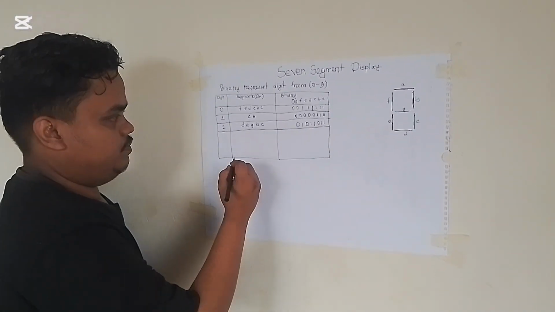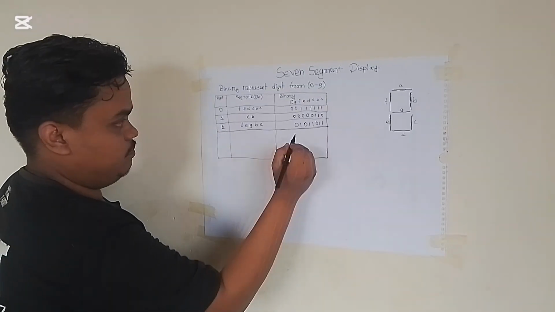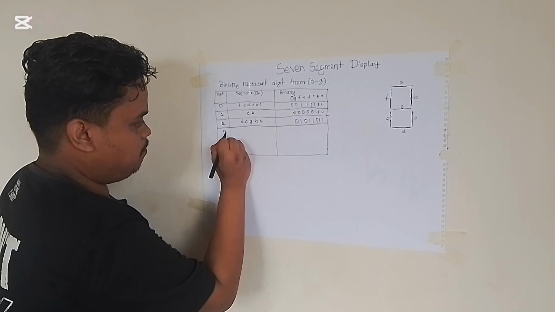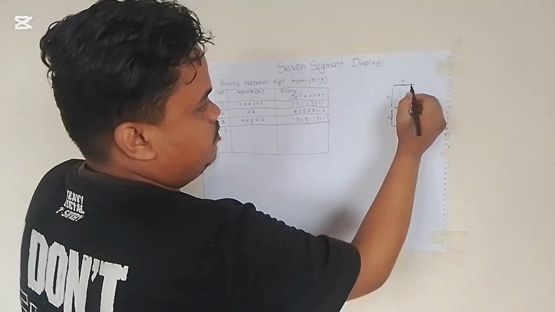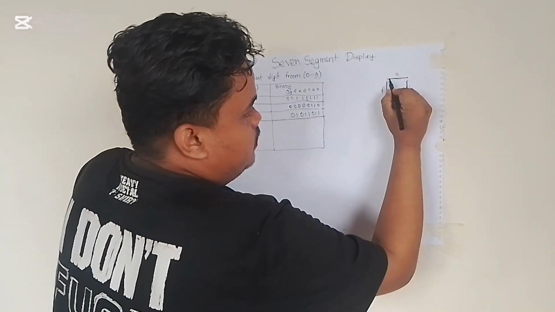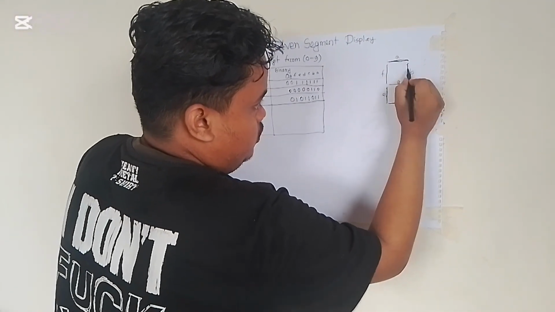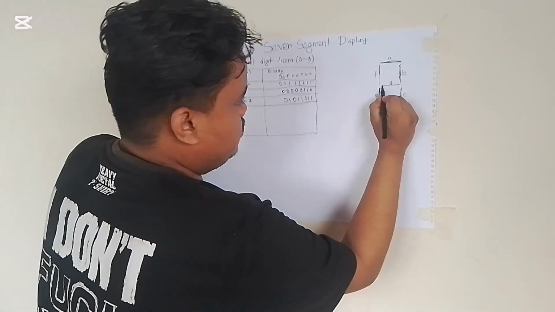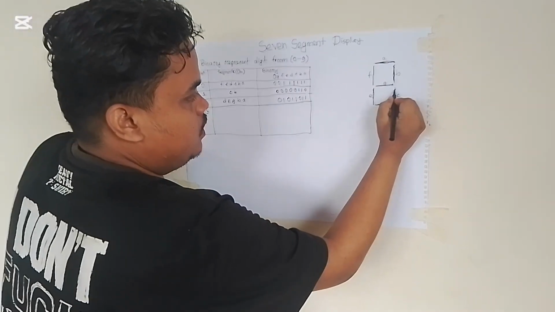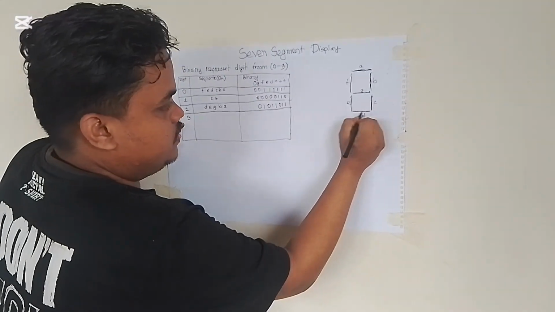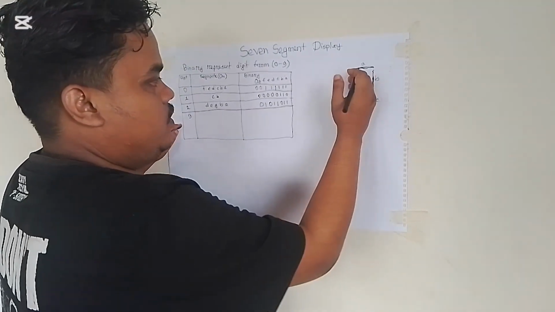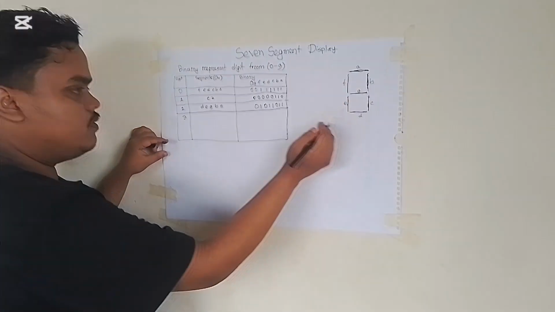Now we find the value for 3. Here for 3, segment A is on, B is on, G is on, C is on and D is on, and the rest of the segments are off.